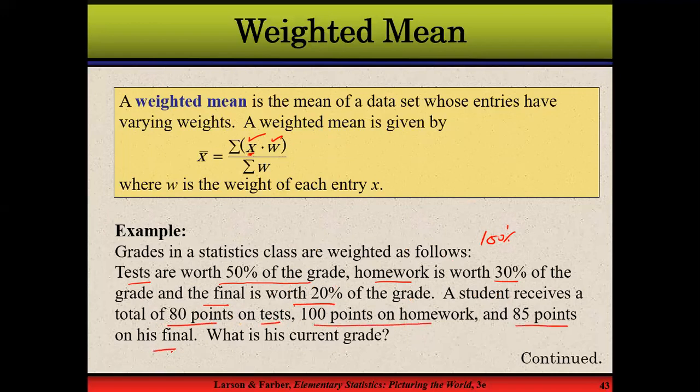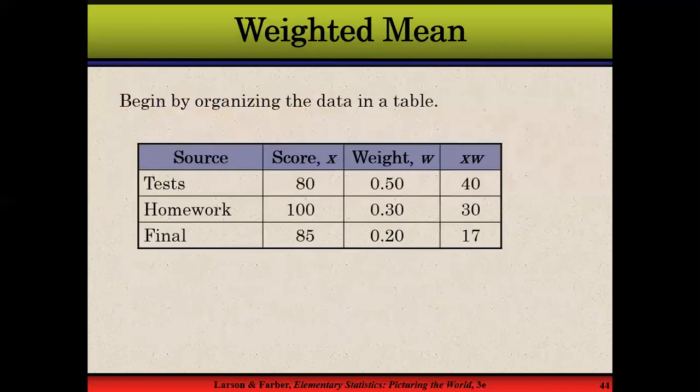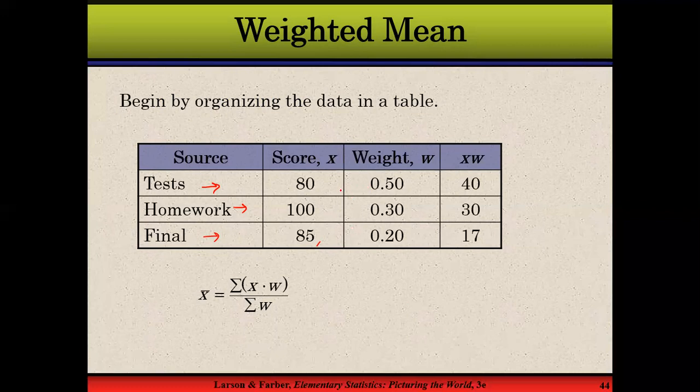So let's see how to calculate the weighted mean. Here we have made this table where we have considered the marks per test, homework, and final. The scores in the test were 80, in homework 100, and in final 85. So we multiply the scores with the weights. If you remember, the weight for tests was 50%, the weight for homework was 30%, and the weight for final was 20%.